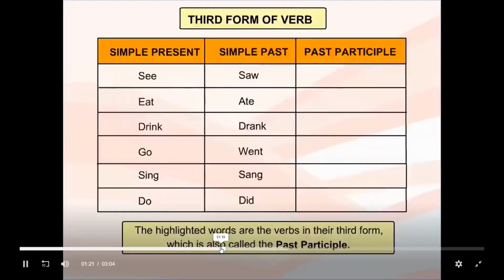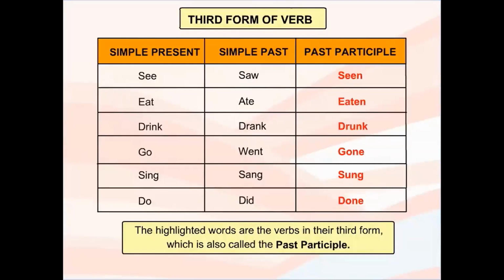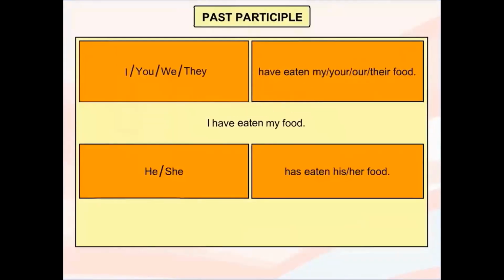The table shows the third form of some of the verbs, which you may want to commit to memory. See the formation of sentences in present perfect tense. Note how the auxiliary verbs are changing in accordance with the subject of the sentence.